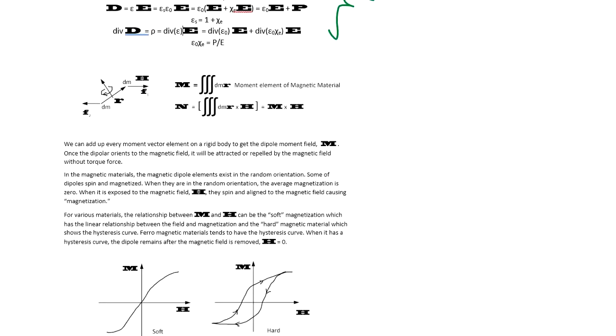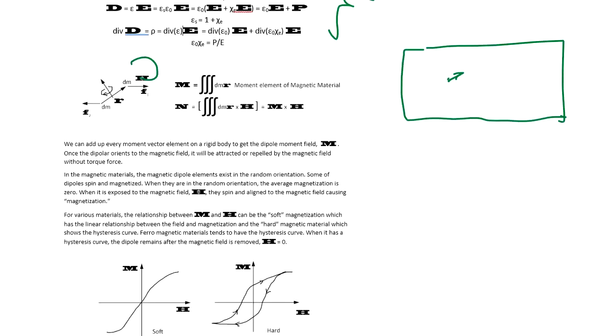The mechanism of magnetizing the magnetic material is, when you have an H, every magnetic material has tiny magnets. This is a molecule, but its orientation is random. Overall, you don't see any magnetization.